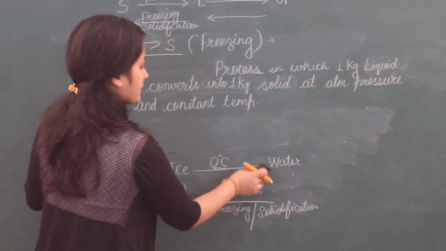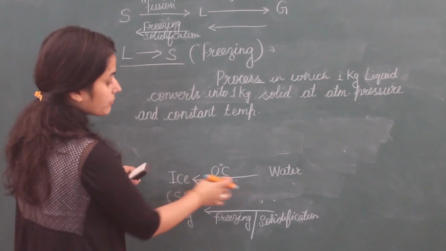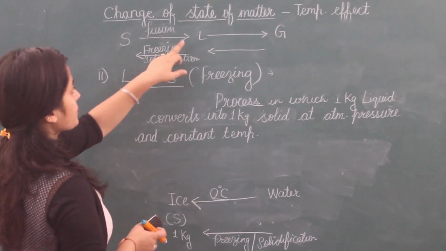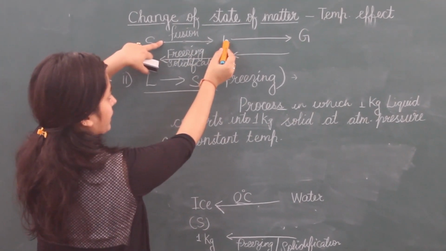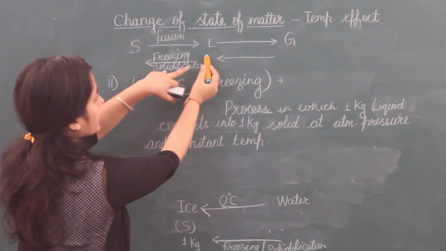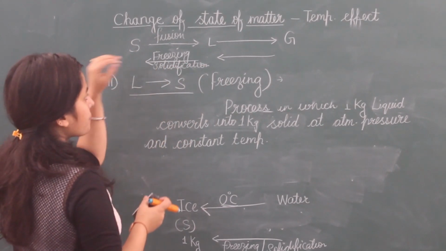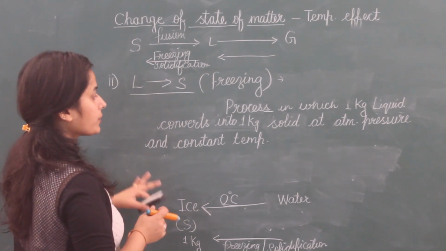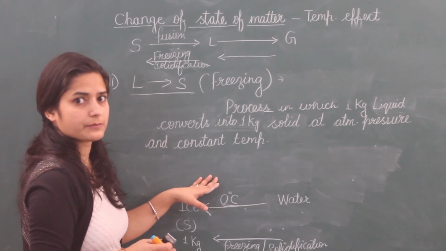But see, here the arrow will change. This arrow shows the direction of the process. This arrow is showing solid is converting into liquid, and this arrow is showing liquid is converting into solid. So freezing point and melting point are both the same for ice, that is 0 degrees Celsius.